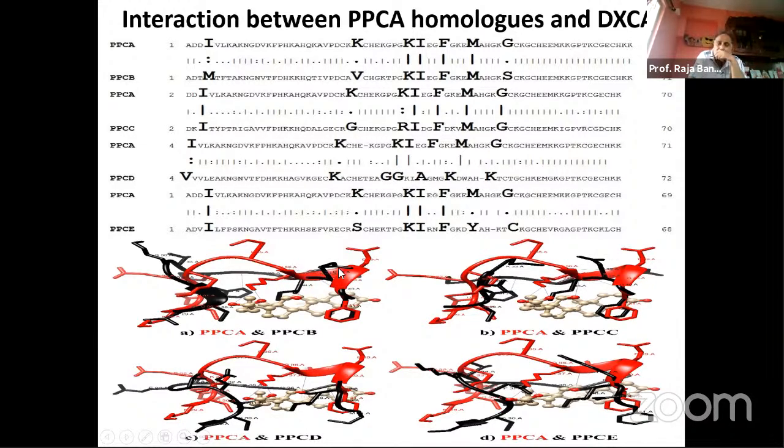So from that, it is very important to note that the secondary structure plays a very crucial role for the particular function. So the protein-protein binding depends on whether you can adopt a particular structure or not.